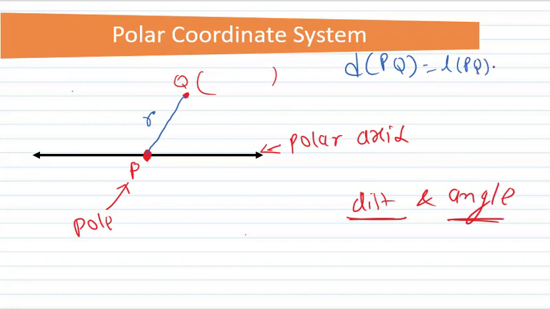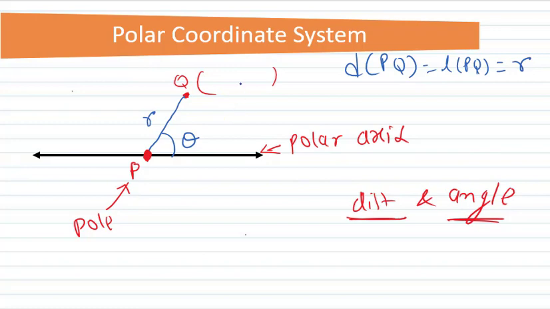You can write length of PQ is R, right? And let's suppose the line joining point Q with the pole is making an angle theta with your polar axis. Okay. So with the help of this angle theta and the distance of that point from pole, we are going to locate this point in polar coordinate system.